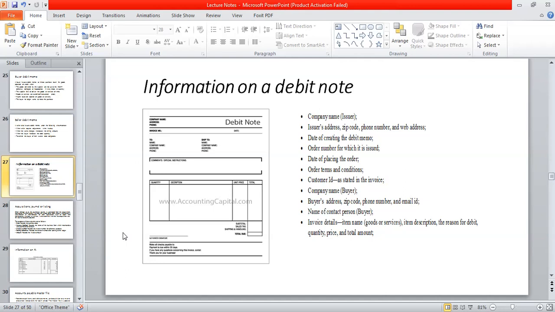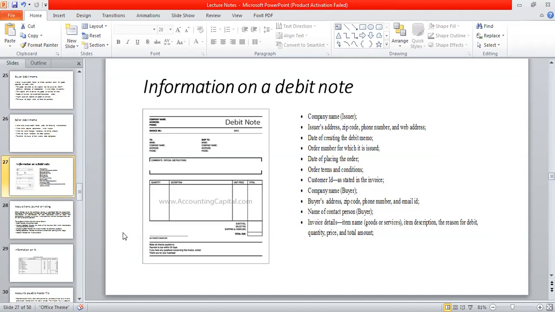So it should be highlighted in the debit note which order number it is intending to correct, because it should apply to a specific order number or invoice number.